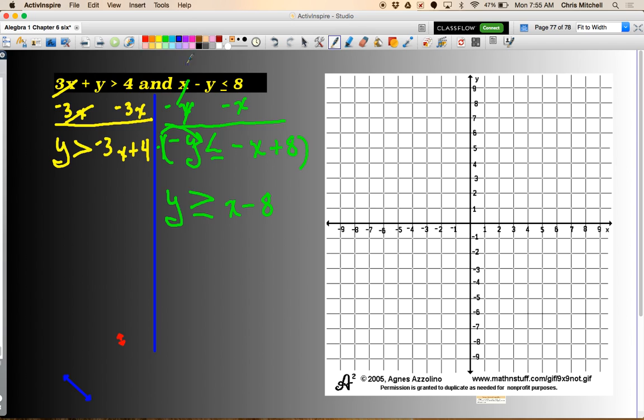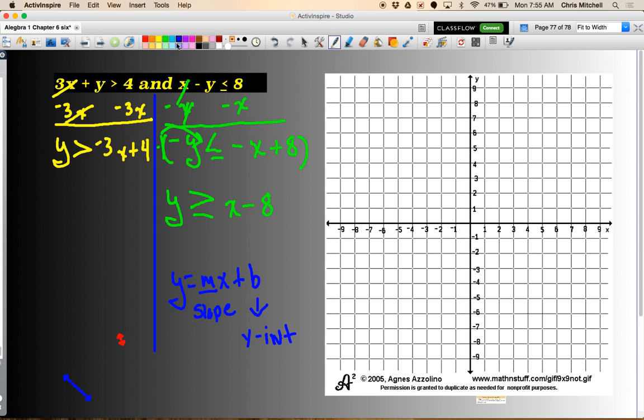So remember, we definitely need y equals mx plus b, where b represents the y-intercept and m represents the slope. So this is what we're going to do now.